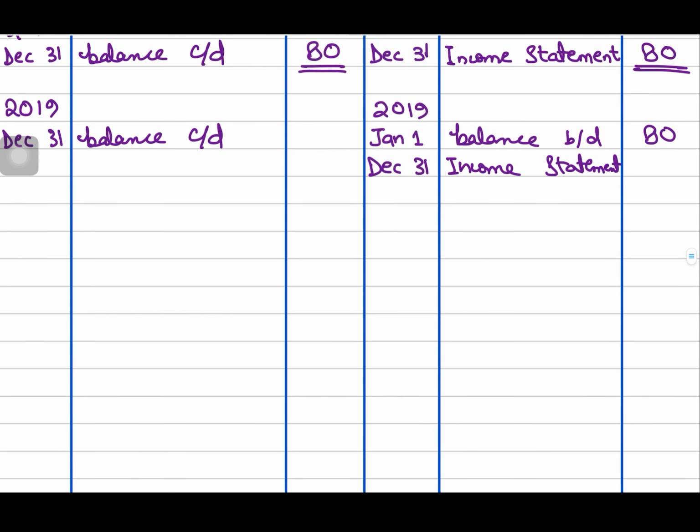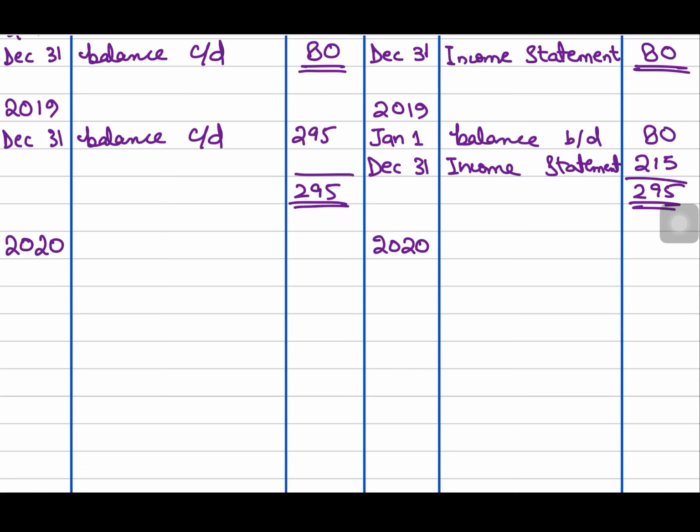So this is my current year depreciation on all of these assets, asset number 1, 2 and 3. This means that my accumulated depreciation at year end is 215 plus 80, and that will be 295. Now the total is also 295. Next year, year 2020, again we cannot skip the depreciation.